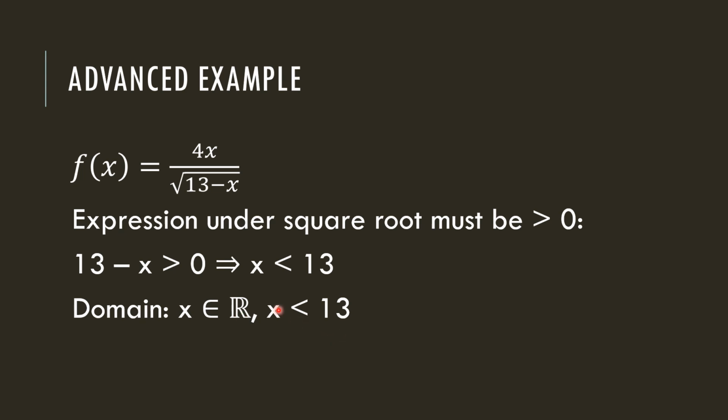The moment x is less than 13, this particular function will give us an output when we substitute the input. So the input is supposed to be a number less than 13. For example, when you take 4, 13 minus 4 will be greater than 0, which will make the function defined.